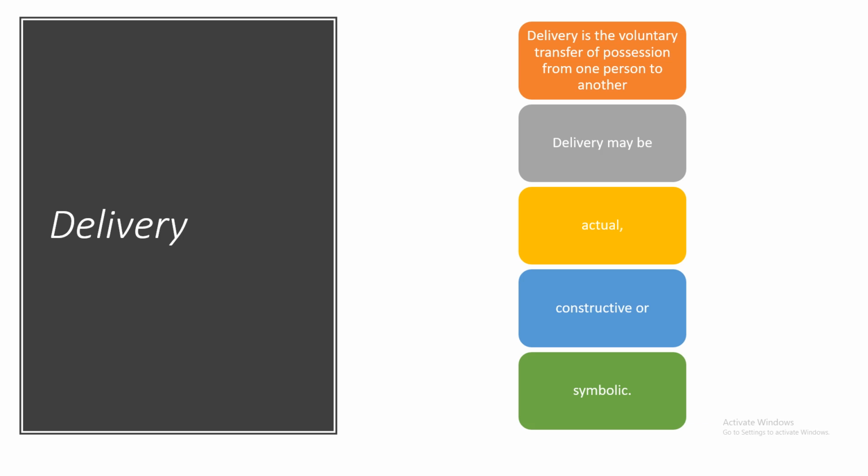As a general rule, delivery of goods is made by doing anything which has the effect of putting the goods in the possession of the buyer or a person authorized to hold them on his behalf. Simply means the seller, whatever the goods have been sold to the buyer, has to deliver the same or give the goods to the buyer. That is technically called delivery.